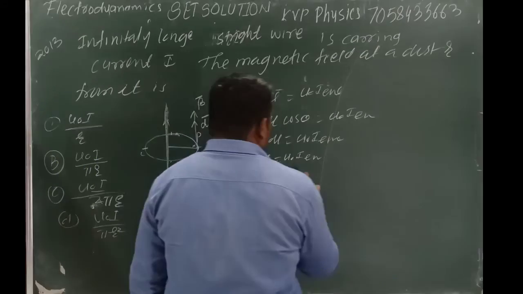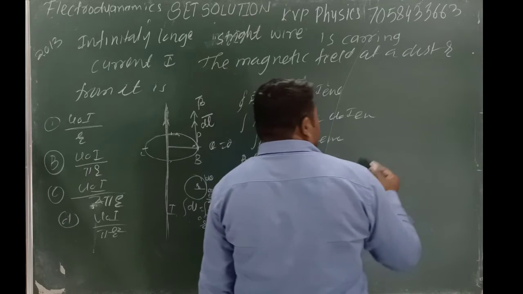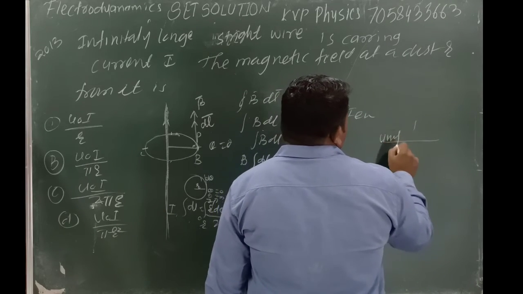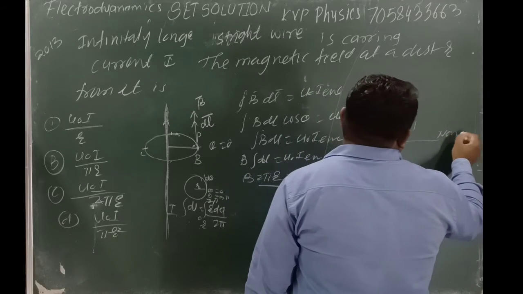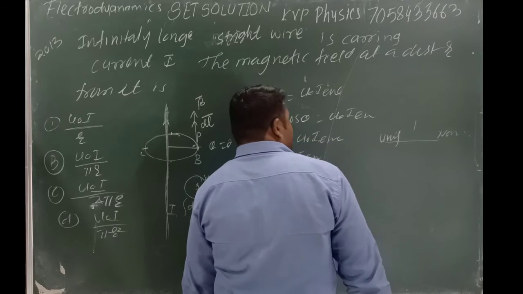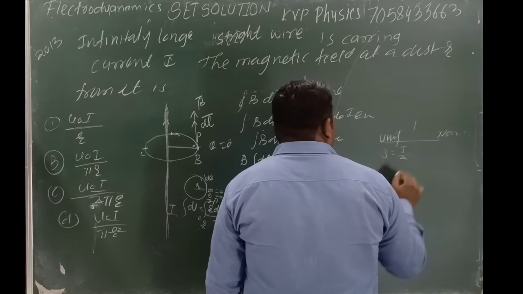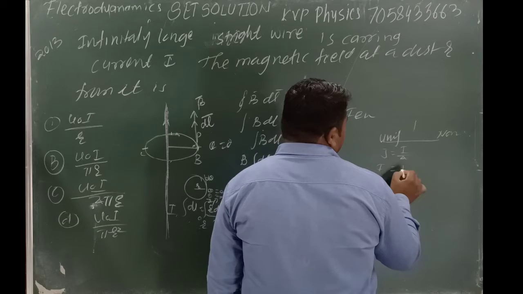Okay, focus on the RHS. Here there are two types: the current is uniform or non-uniform. We can take J is equal to I upon A, which means I is equal to JA.